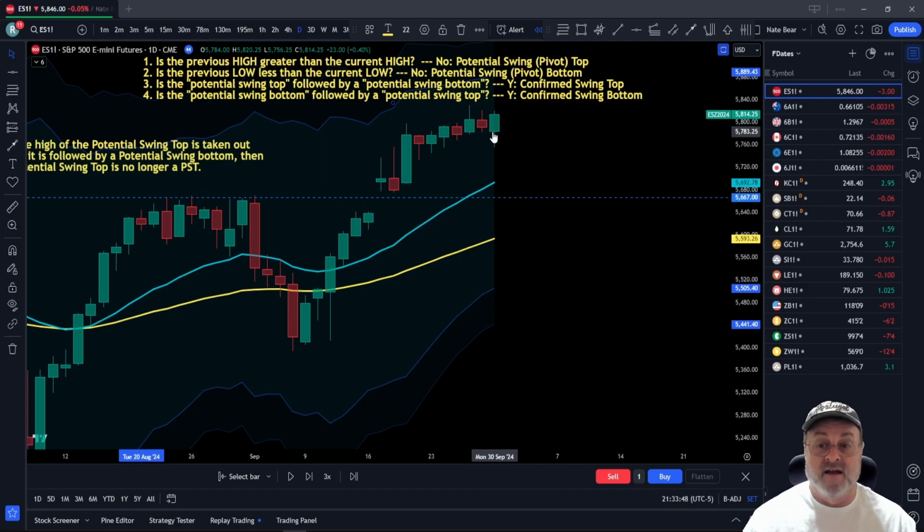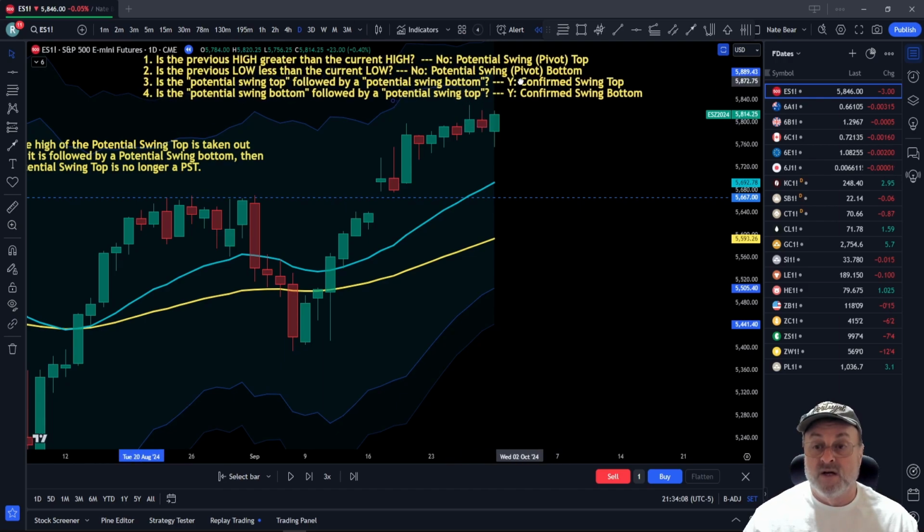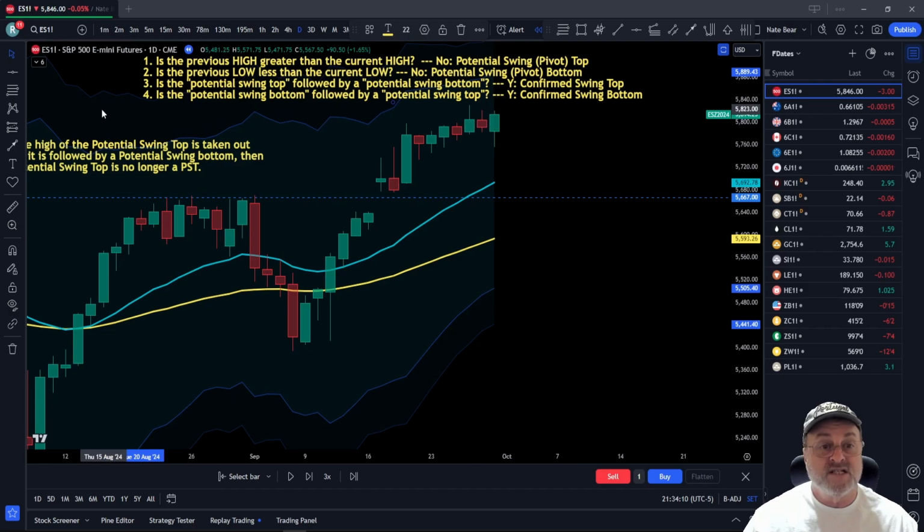Now here's the thing. If this is a potential swing bottom and this was the potential swing top, look at this: is the potential swing top followed by a potential swing bottom? Yes. That means this potential swing top is now a confirmed swing top. We just identified our first confirmed swing. So let me put an arrow here. This is a confirmed swing top.